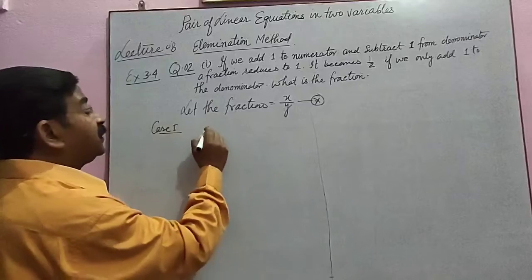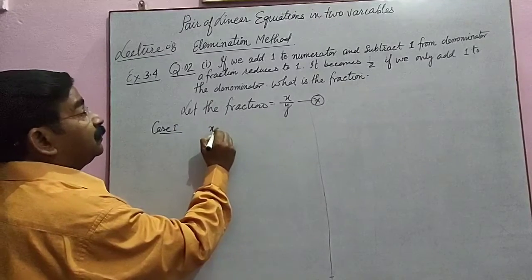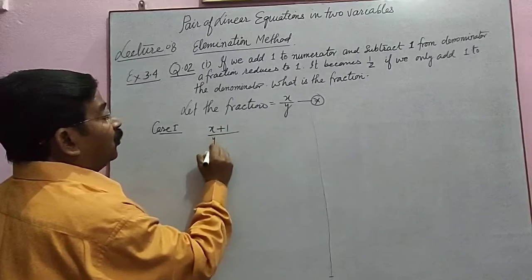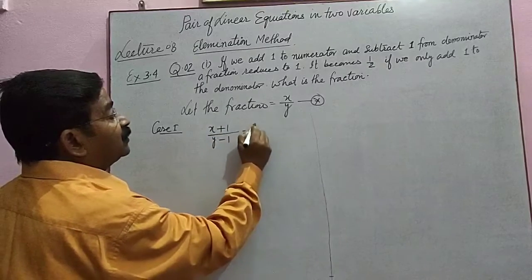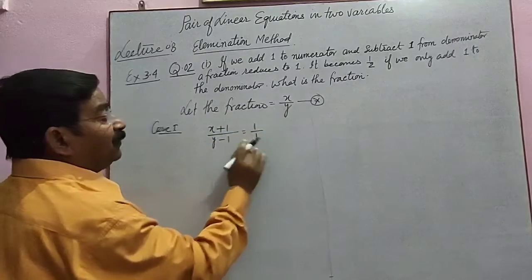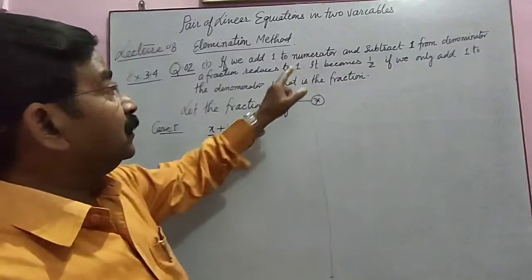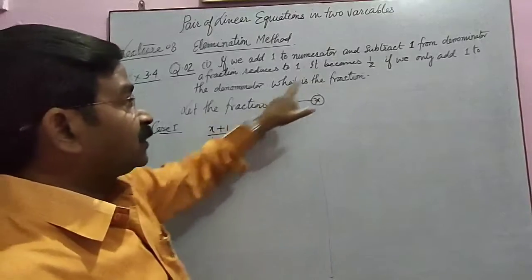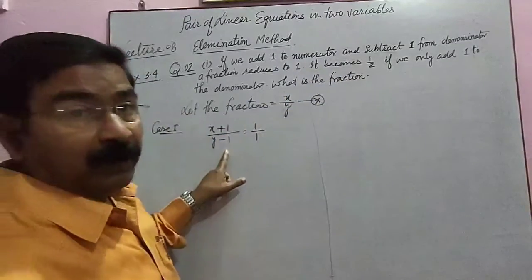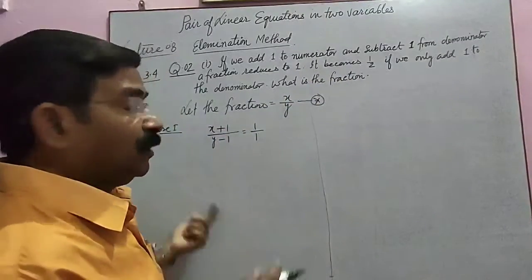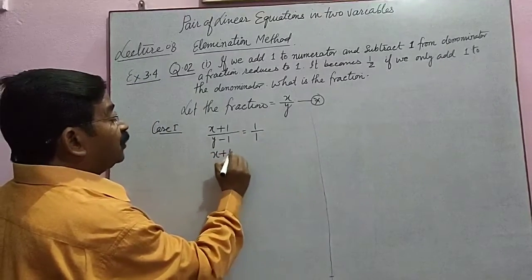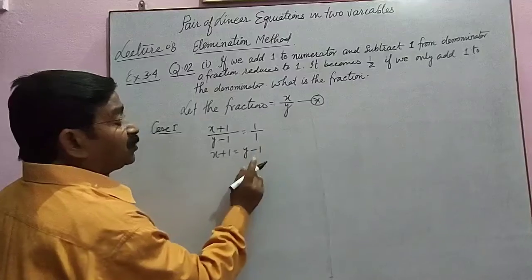So according to the statement, (x plus 1) upon (y minus 1) is equal to 1 upon 1. I have written: add 1 to the numerator is x plus 1, and subtract 1 from the denominator, y minus 1, is equal to 1. By cross multiply, we have x plus 1 is equal to y minus 1.